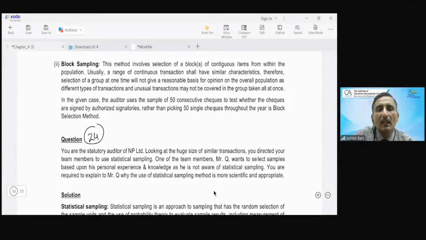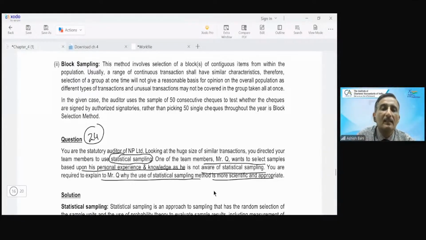See question number 24. You are statutory auditor of one company. Looking at huge size of similar transactions, you directed your team members to use statistical sampling. Okay. So one of team members wants to select samples based upon his experience and knowledge. You are required to explain why use of statistical sampling is more scientific.